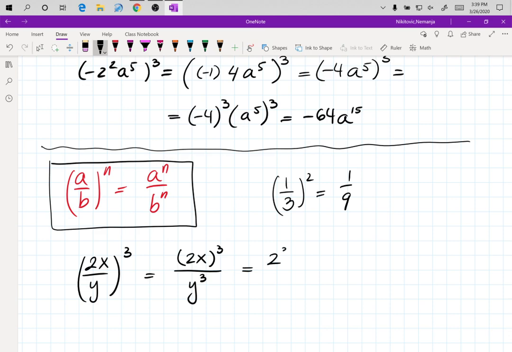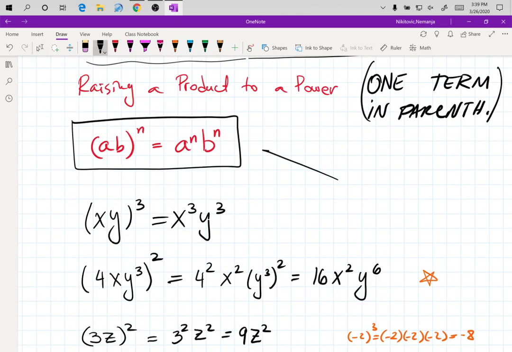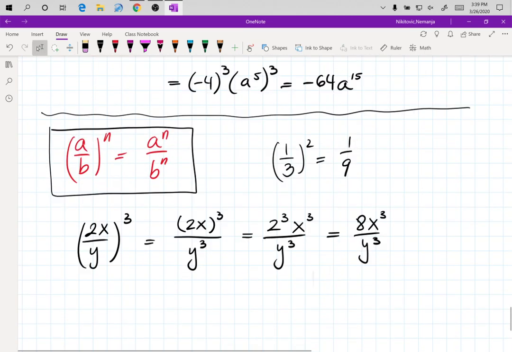So now we have 2 cubed, x cubed over y cubed. 2 cubed is 8, x cubed over y cubed. Now note that this was the rule where you give exponent to each one in parentheses. Hey, that's this rule. These rules all get together into one rule.